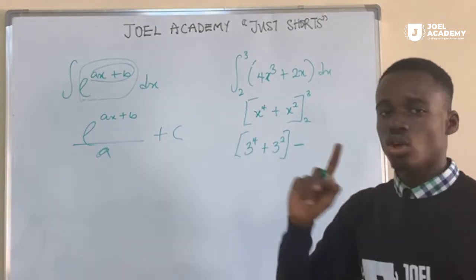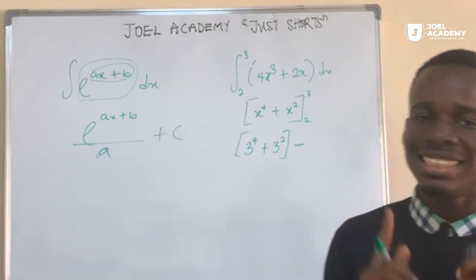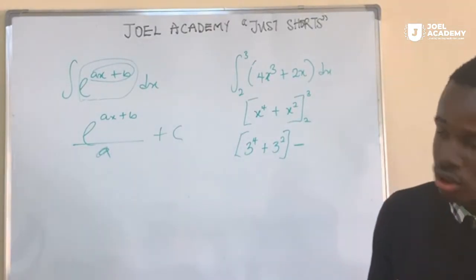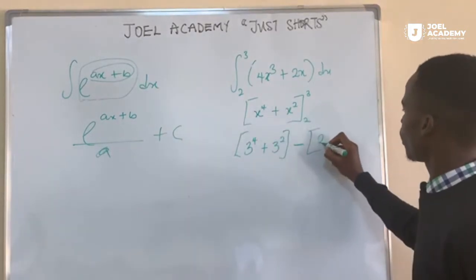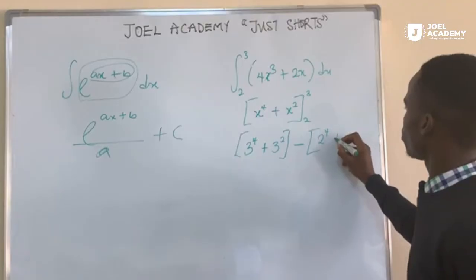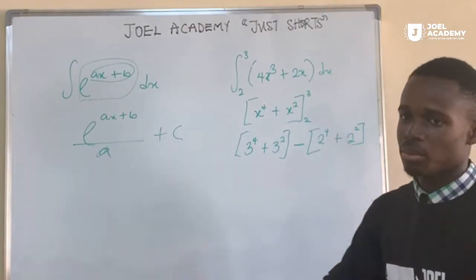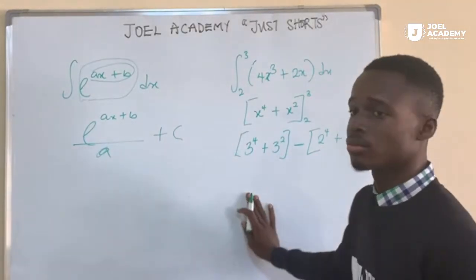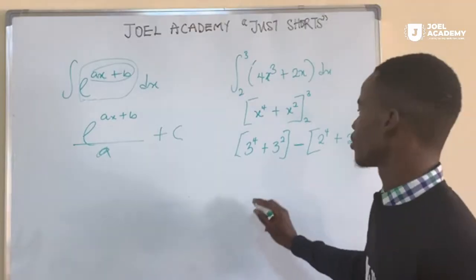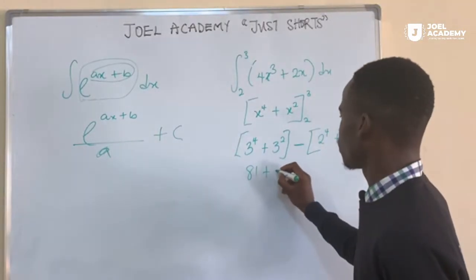Minus, it is always minus. After fixing in the upper limit, the next sign is minus. You open a bracket again and fill in the lower limit: 2 raised to power 4 plus 2 raised to power 2. So who can give me the answer from here? 3 raised to power 4 is what? 3 raised to power 2 is what?